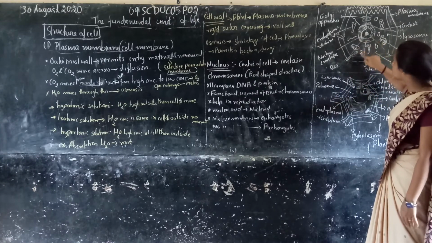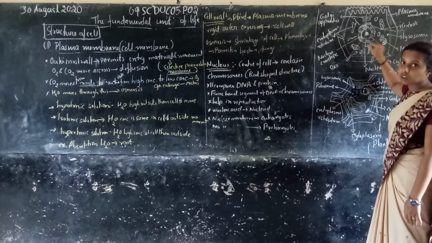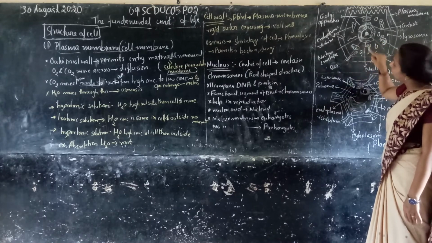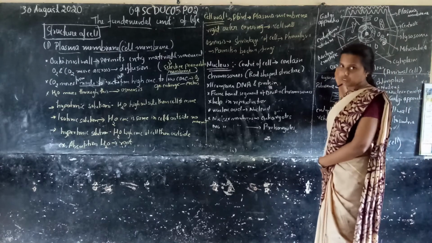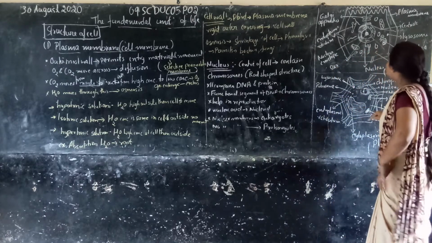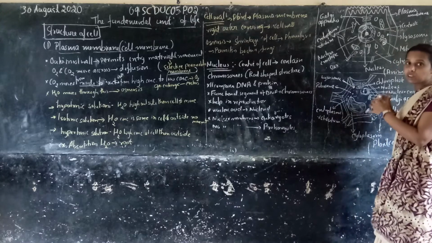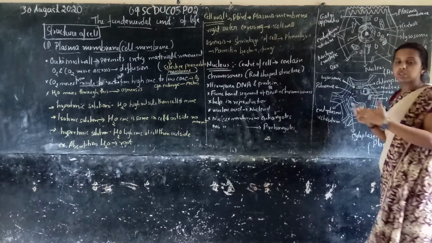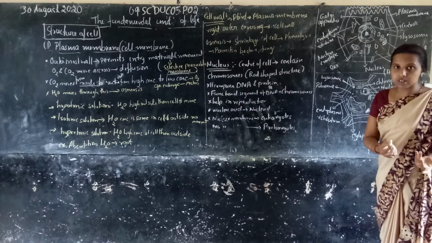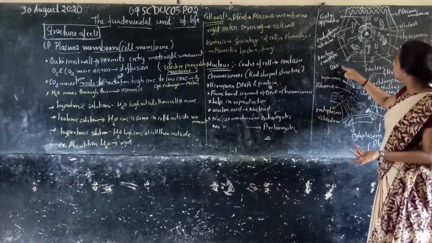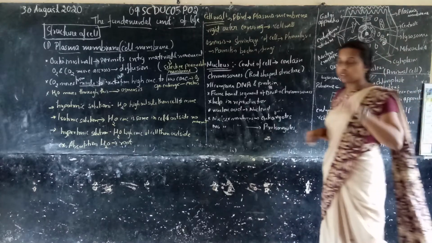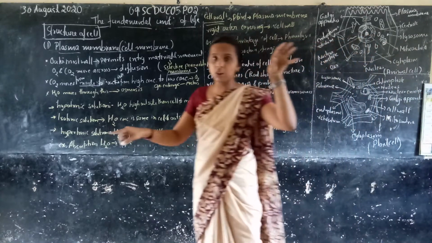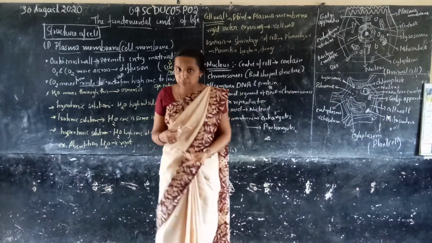Here is a high concentration of carbon dioxide, and there is a low concentration outside. So carbon dioxide moves from high concentration to low concentration through a semi-permeable membrane.